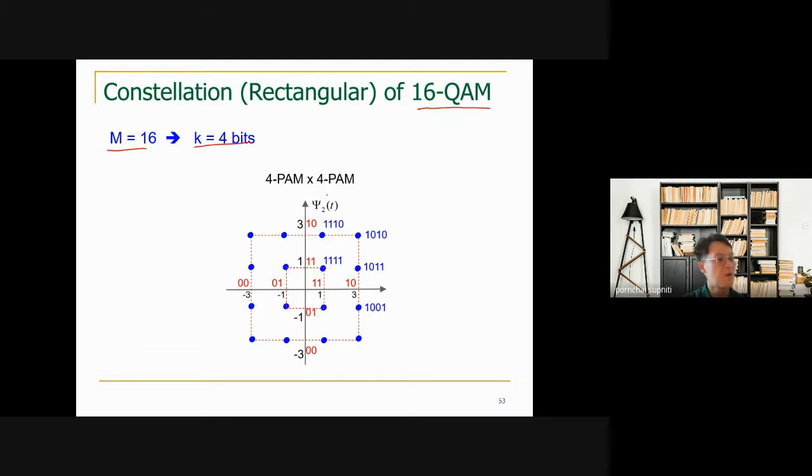Let me log into another session as well, because I cannot see anyone here. Tirarat, Pavi, Pio, and others, do you remember what gray coding is?